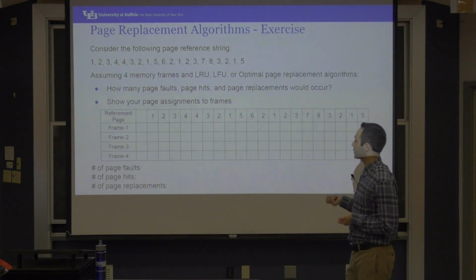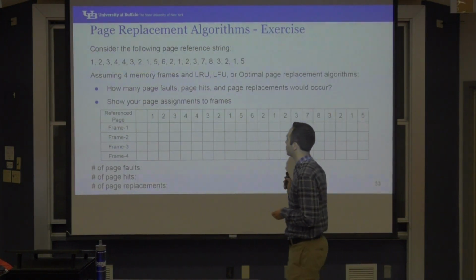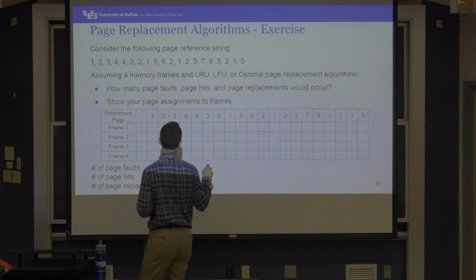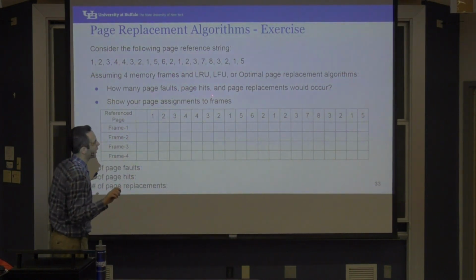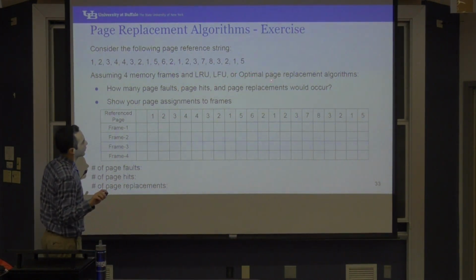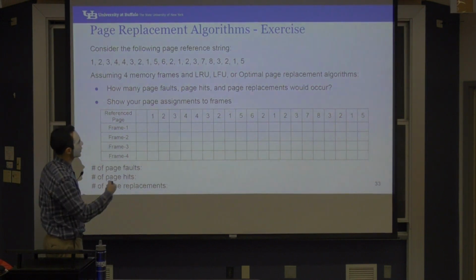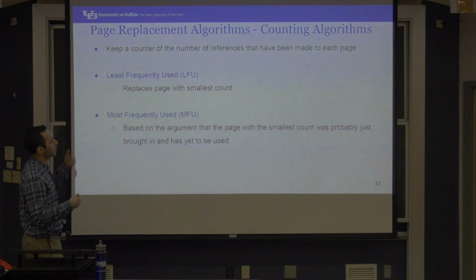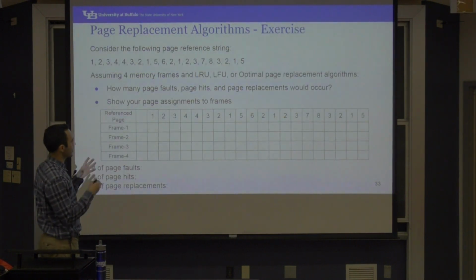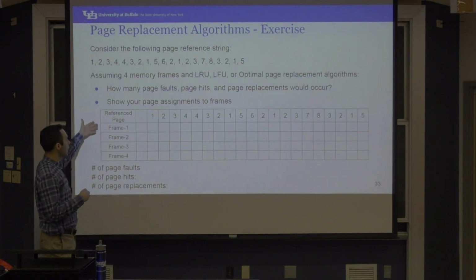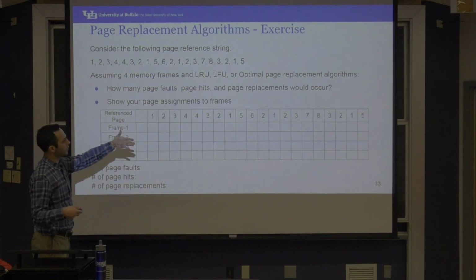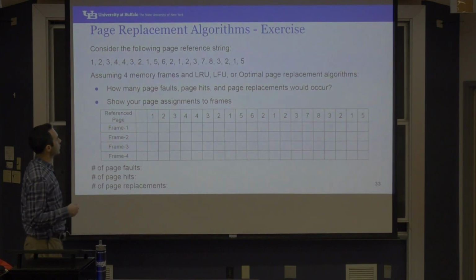And so this is the exercise that I ask everyone to do. This one we already have covered: the LRU, LFU, and optimal page replacement. Well, the LFU we didn't cover, but you can basically just keep counting the numbers. Anyway, this is an exercise that will help you understand. You have 4 frames and this reference string, which is different than the previous one.